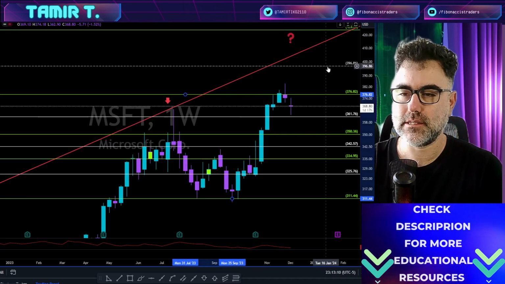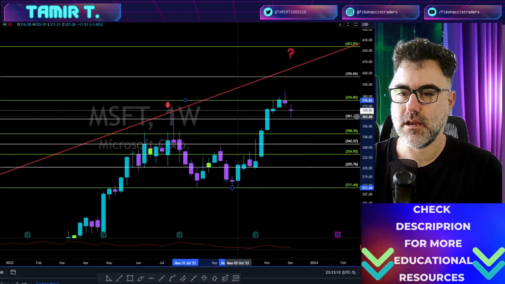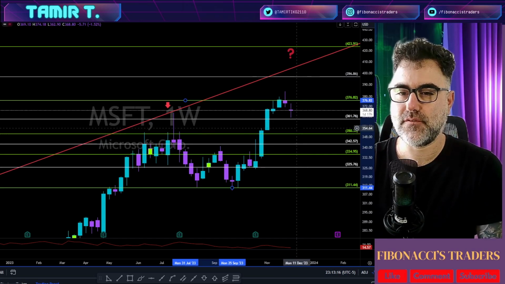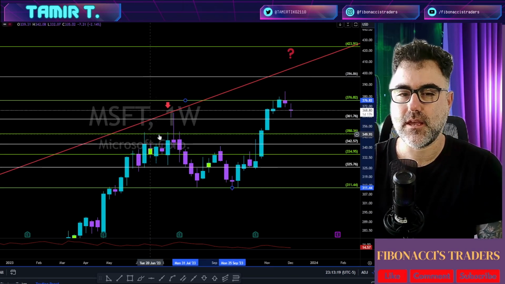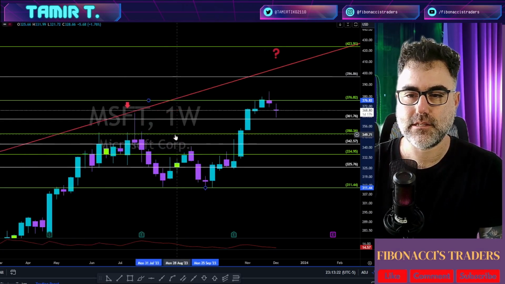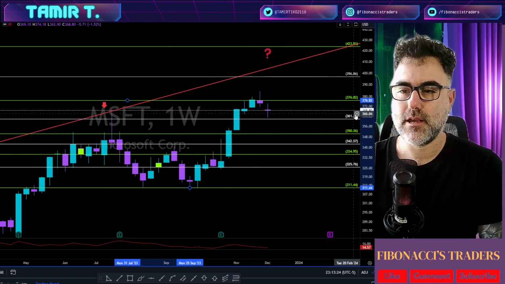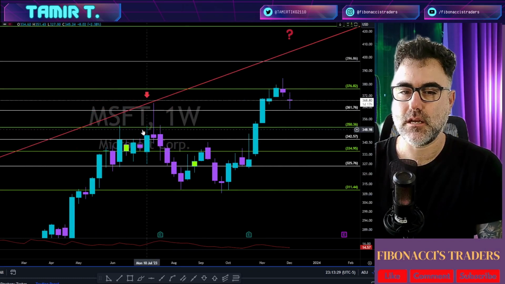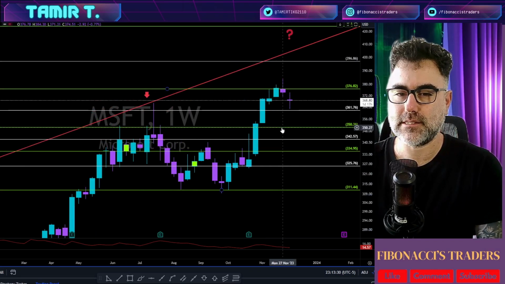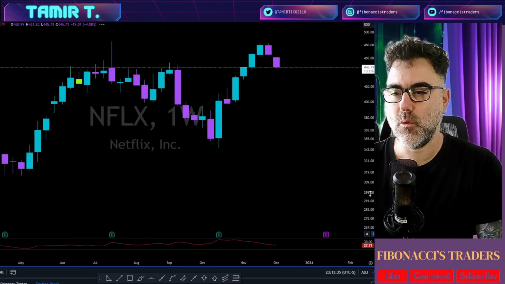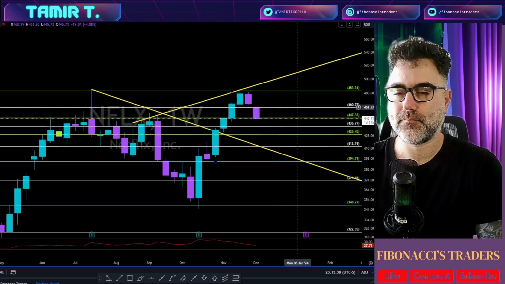Then we will see 397. Below the 361, we will revisit 350. 350 is, and it was, a very tough resistance. So below 361, by the default of price action, by natural things of price action, 350 will get retested as the next support.